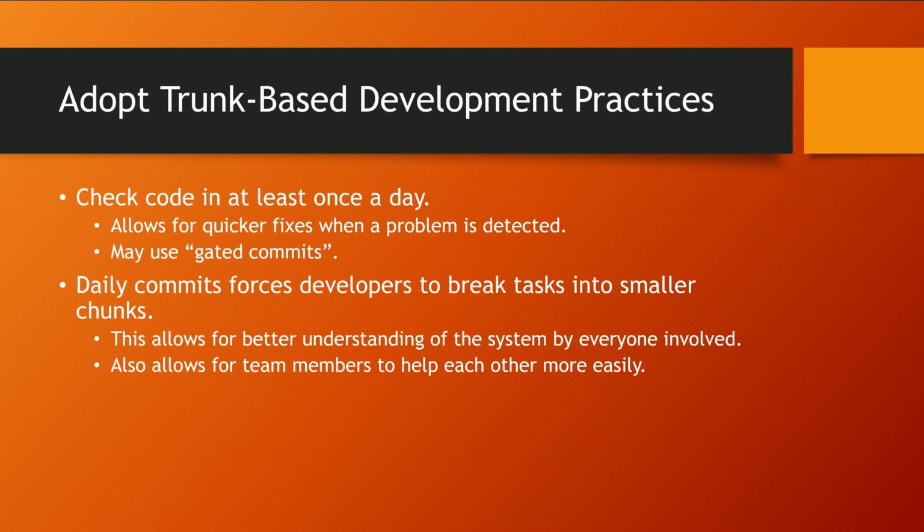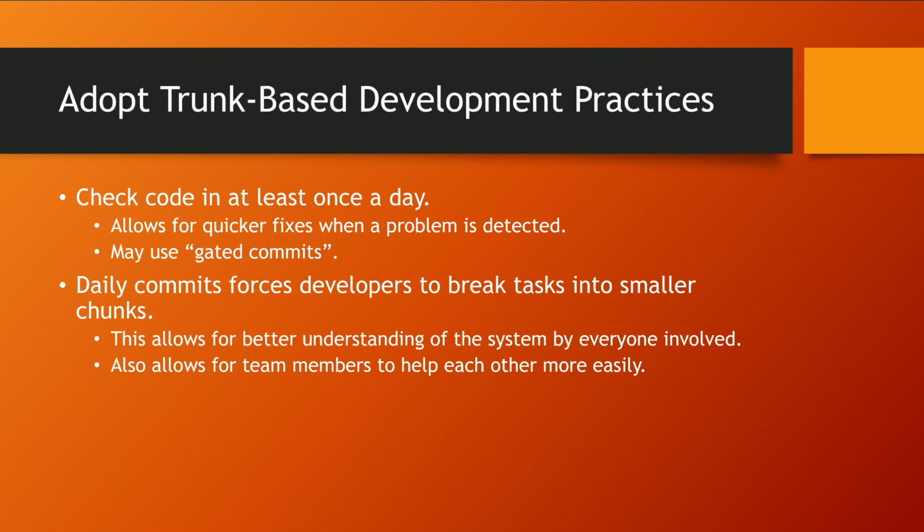So, adopt trunk-based development practices. It recommends that we check code in at least once a day, like a daily routine where at the end of your work, you check it in, you commit, and have them review it. This allows for quicker fixes when a problem is detected. You may use gated commits. Daily commits force developers to break tasks into smaller chunks.